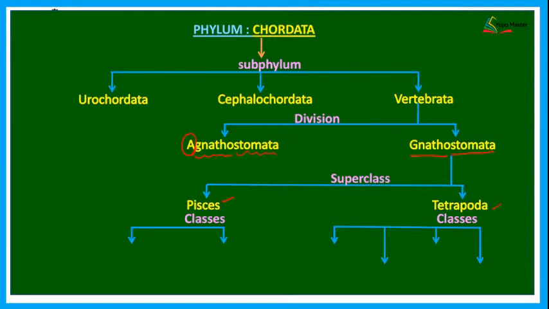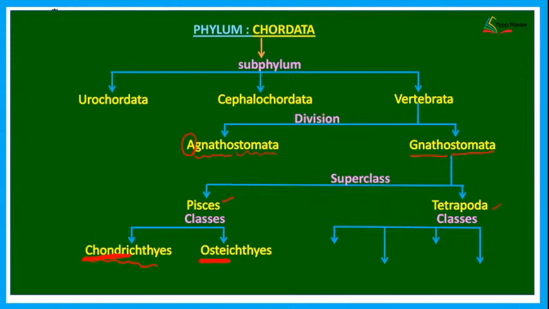Okay, so the endoskeleton may be made up of cartilage, where we would call this chondrichthyes, or the endoskeleton may be made up of bones, where we would call that osteichthyes. Because if you remember, chondro is the word used for cartilage and osteo is the word used for bone. So there is chondrichthyes and then there is osteichthyes.